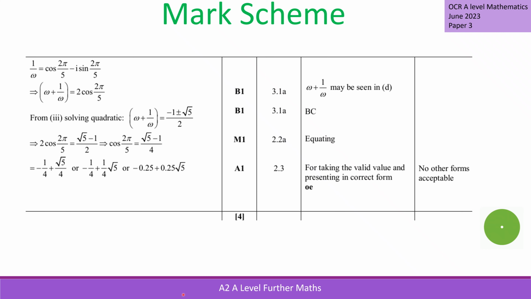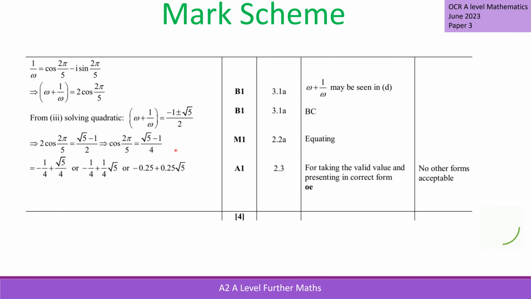The mark scheme on this question shows where the 4 marks were awarded. So here are the 4 marks. B1 and M1 are just method marks, showing you where your marks were awarded. So for realising that omega plus 1 over omega is 2 cos 2 pi by 5 is 1 mark. Then for coming down to your quadratic is your second.